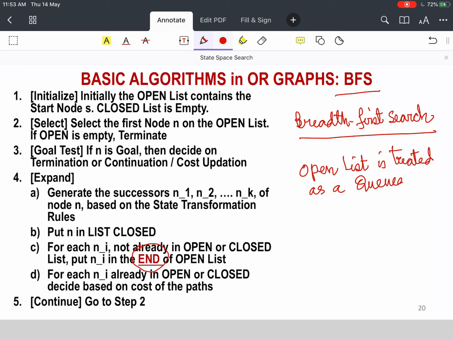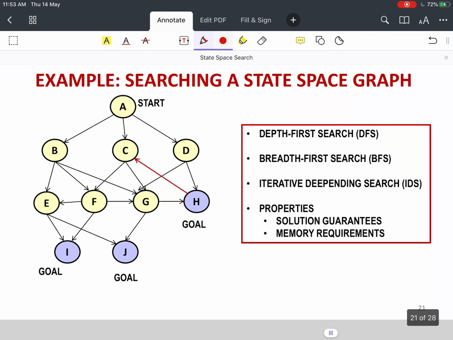If you recall, in depth first search, we were putting it at the front of open, which means that it was moving in a last in, first out mode like a stack. Whereas in breadth first search, it is first in, first out, which means that it is moved to the end of the queue. That is the only difference, and we shall see how it varies.